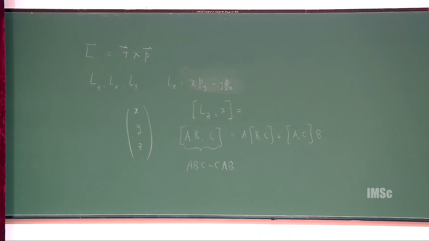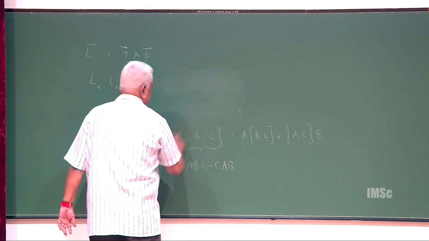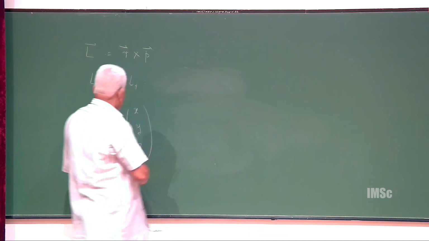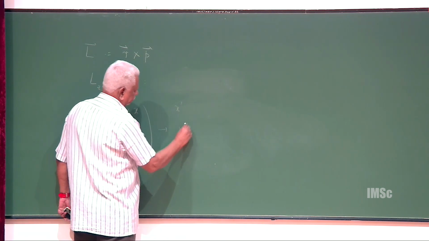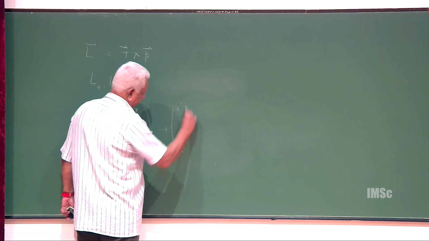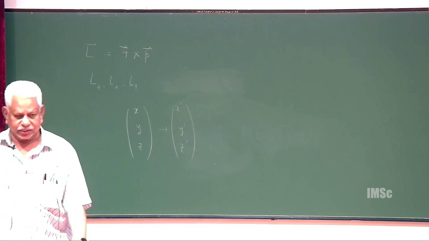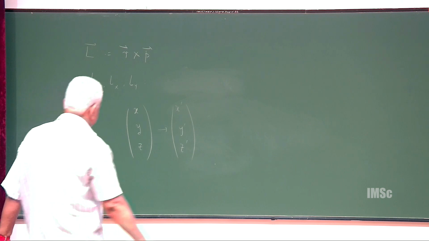That is, the axis of rotation is z. That is the meaning of that object, and we know what is going to happen. When you rotate this, it will go to x prime, y prime, z prime. And as I told you, it is a rotation about the z axis, so z prime will not change.